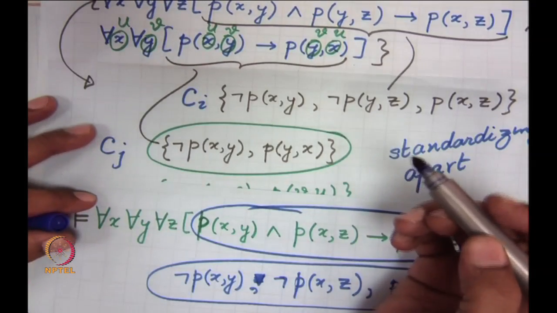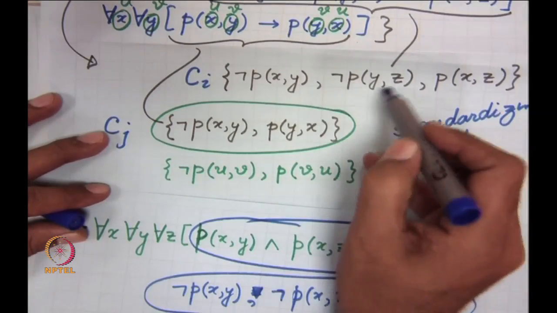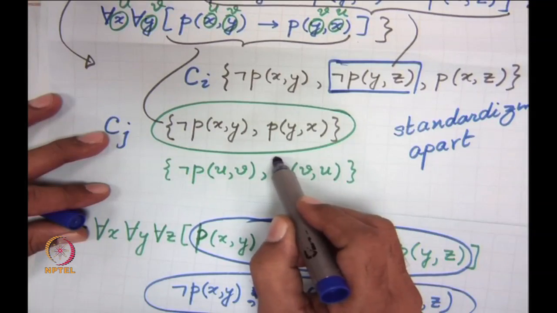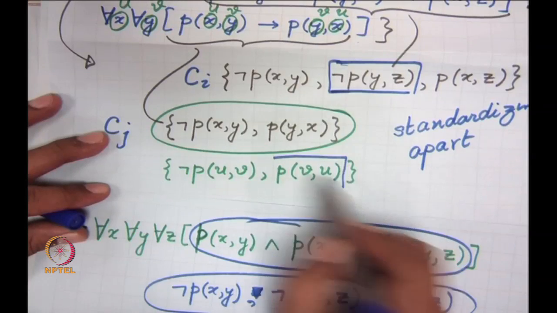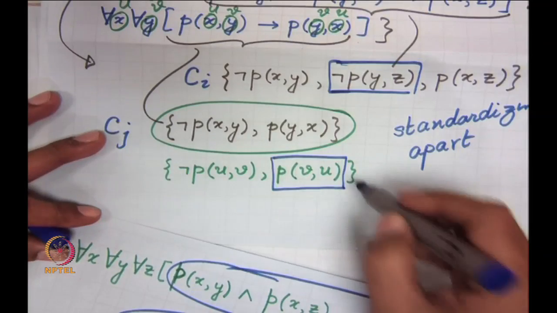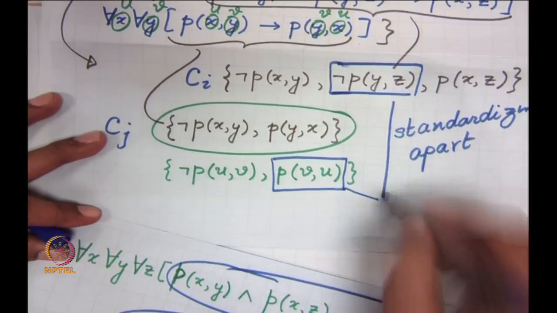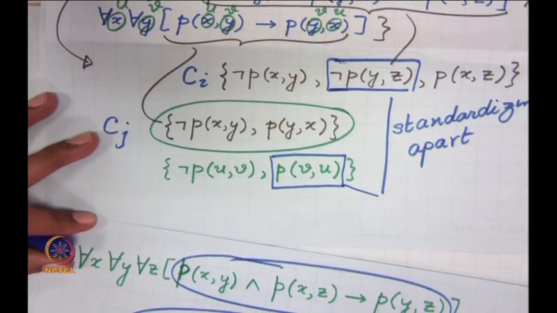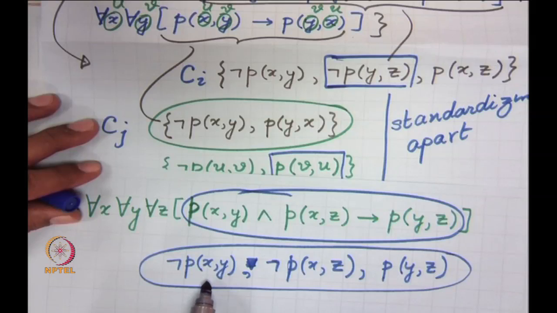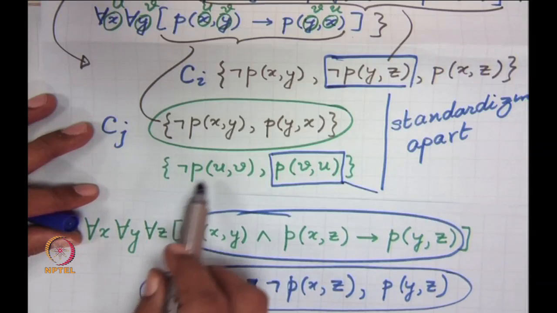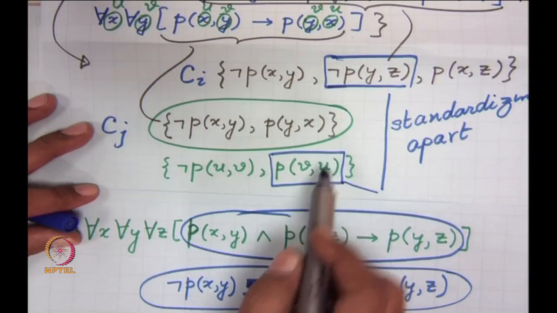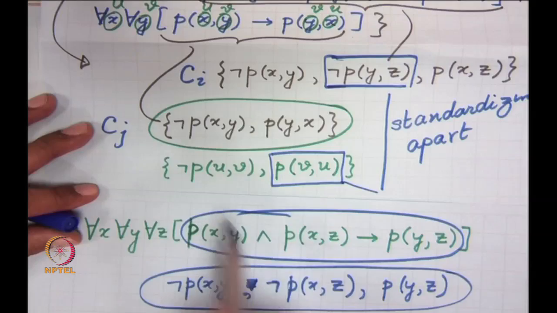supposing we take this and we take this, and we unify, then I get this not p x y which I want. I get not p u v, but then if I am going to unify it with this, then this u v will get substituted by x z.